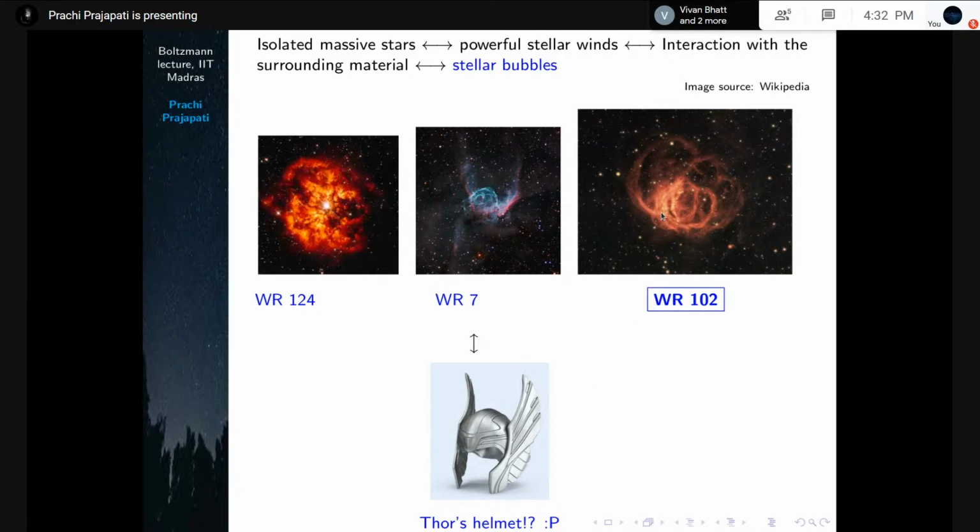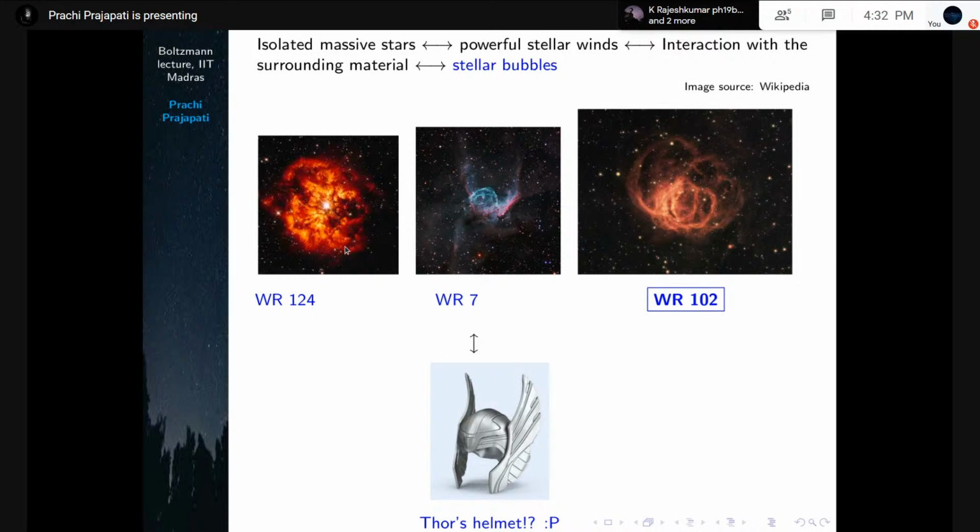Generally, these bubbles are expected to be quite spherical in shape, but it's not always true. Due to many factors like density inhomogeneity in the surroundings, they can also have very exotic and complex shapes.